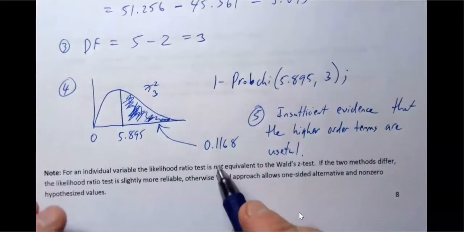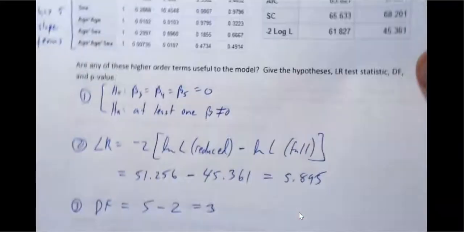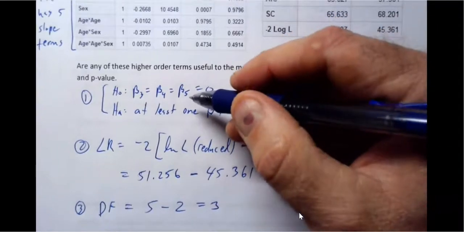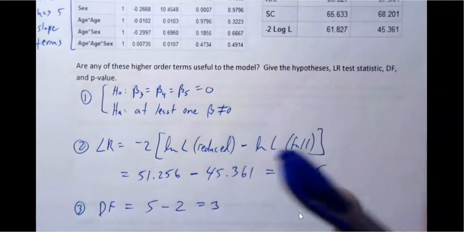But this test tells us we don't need any of those terms. We don't have any evidence that all of those terms are not equal to 0, so we can leave them out of the model.